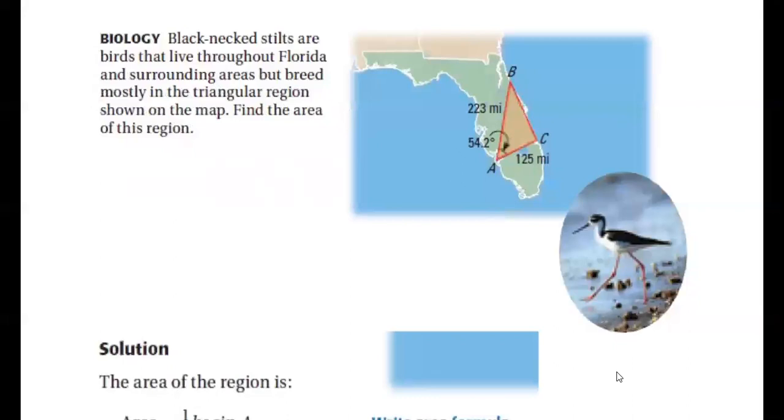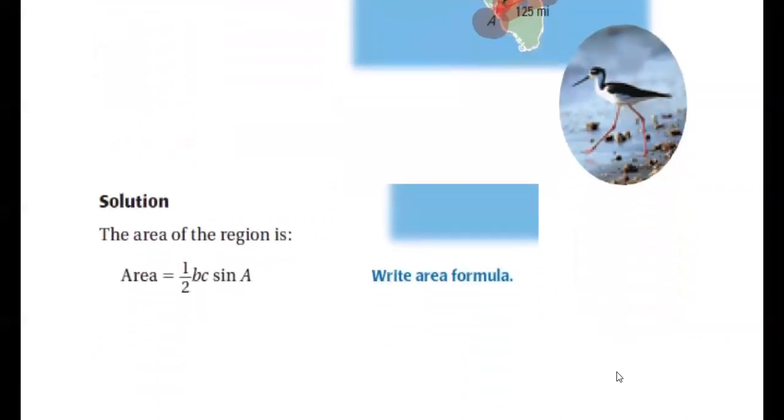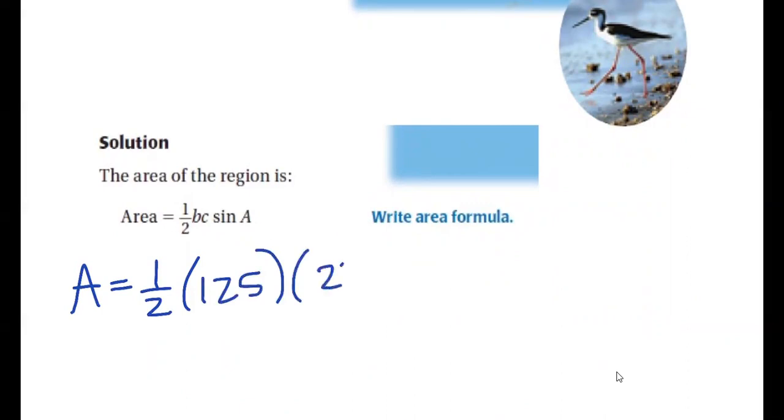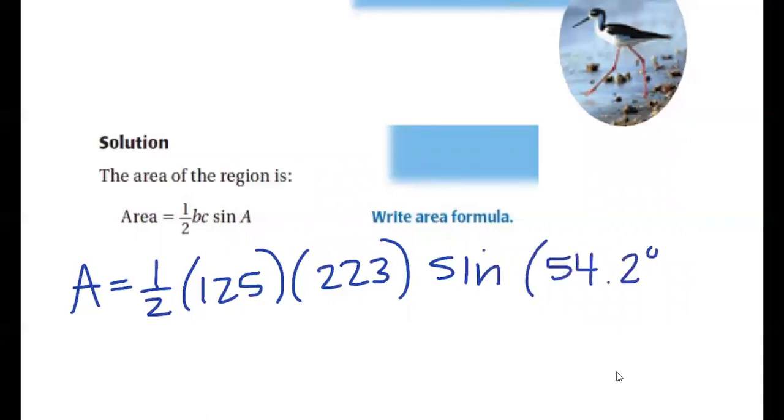So you'll notice that they're giving you angle A, and they're giving you side C and side B. So I would use that formula 1/2 BC sine A. And so the area would be 1/2 times side B was 125 miles. Side C was 223 miles. And then the included angle, we take the sine of that, which is 54.2 degrees.